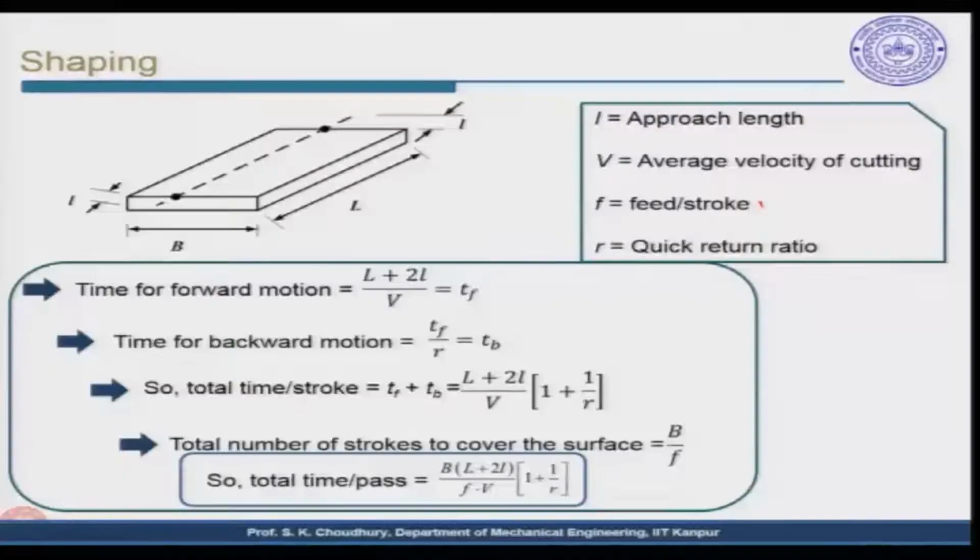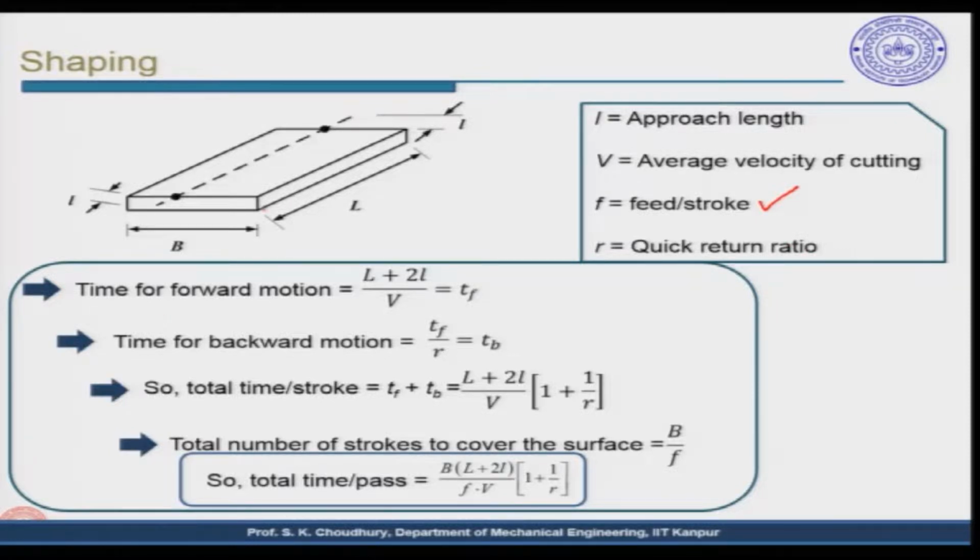During that stroke, going forward and coming back, the workpiece is getting a feed perpendicular to the direction of the tool movement. So, this is called the feed per stroke, and R, let us say, is the quick return ratio, depending on how fast you want the tool to come back, in case of shaping. Let us say this is given by small r.